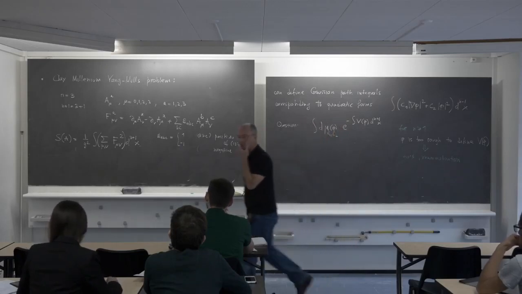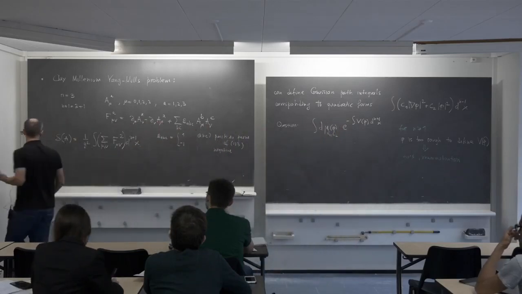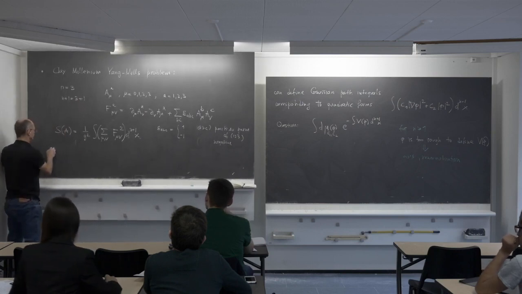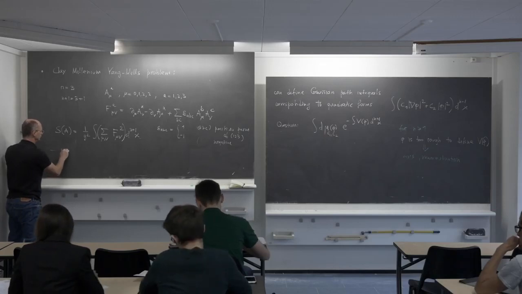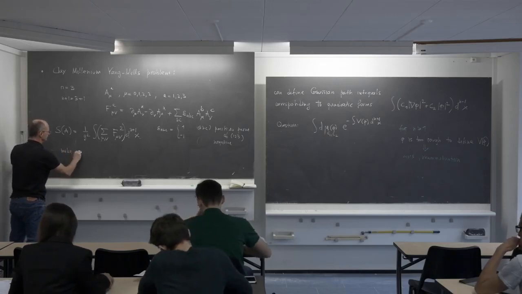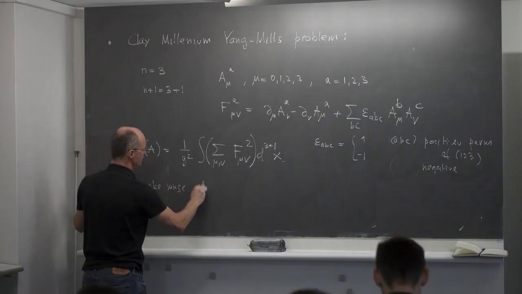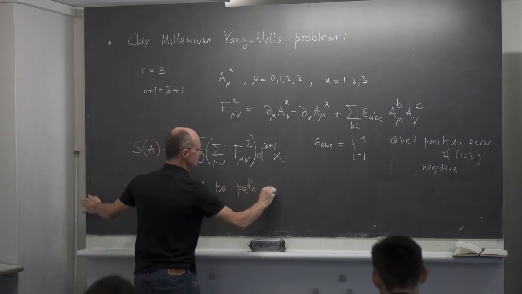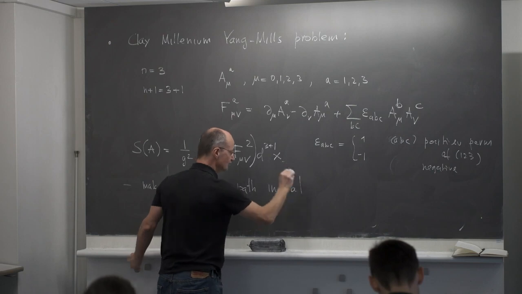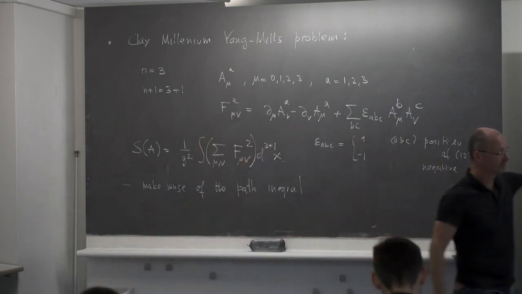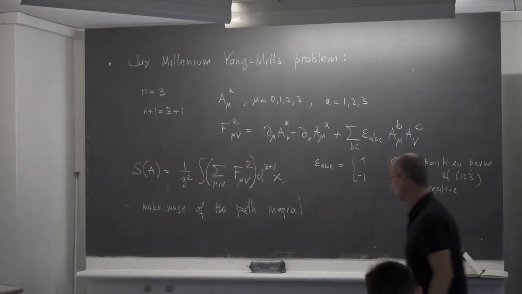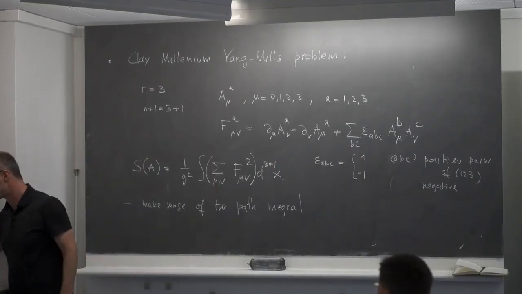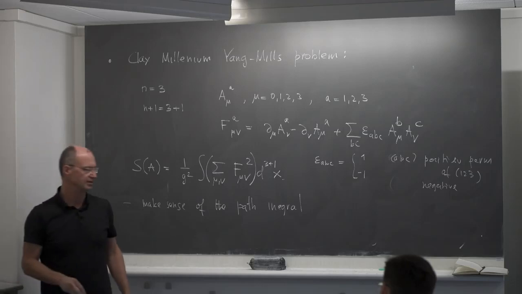So I will not repeat it now, but maybe 2 elements of it. So what do they want? So one thing they want makes sense of the path integral like that.